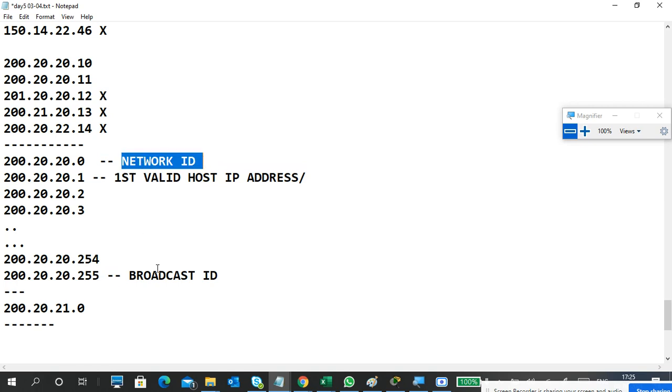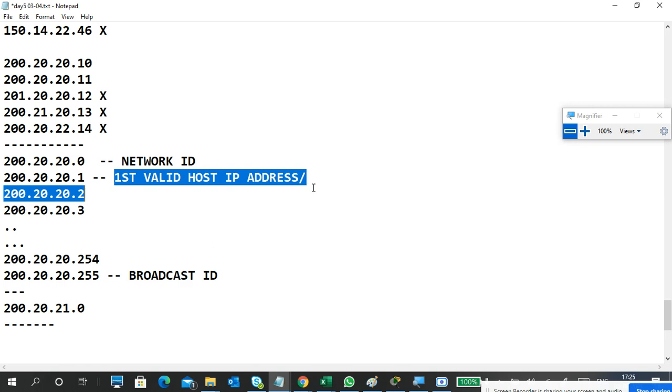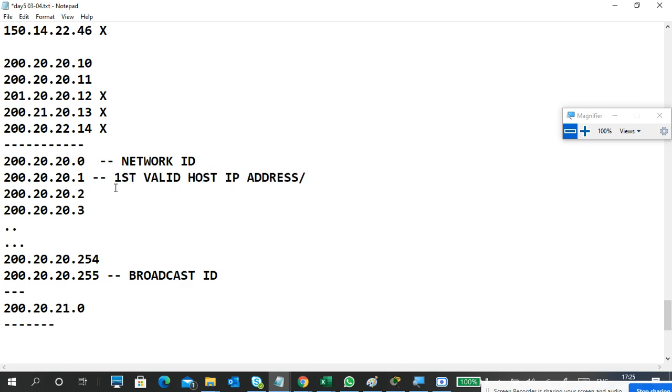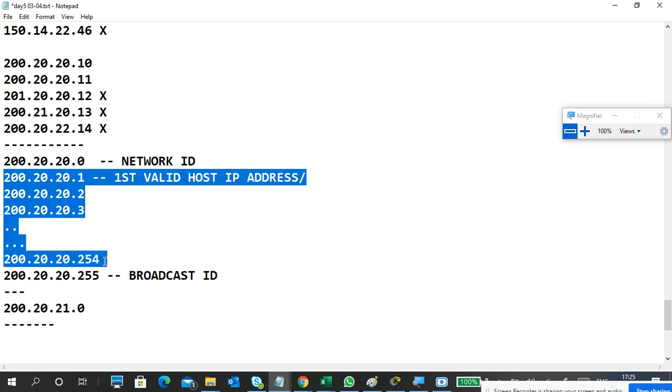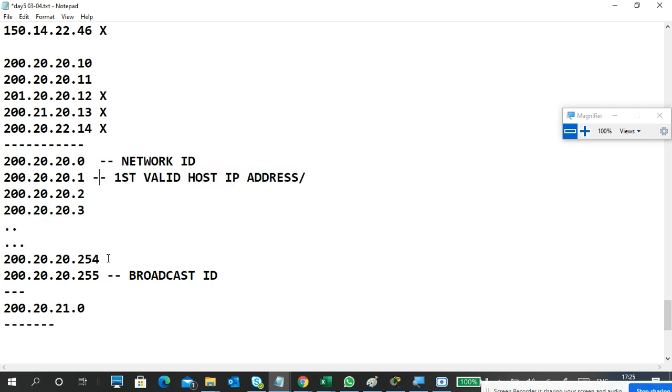The first one is the network ID, the last one is the broadcast ID. From here to here, all are valid IP addresses only. This is the first one and this is the last valid host address.